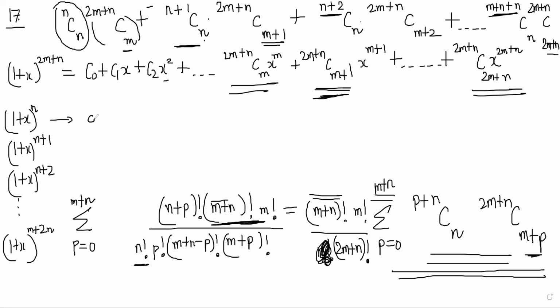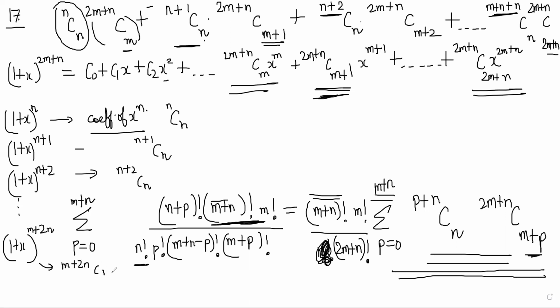In all these series, coefficient of x power n: here it is ncn, here it is n plus 1 cn, here it is n plus 2 cn, and here it is m plus 2n cn, right? And I'm multiplying coefficient of x power m plus 1, m plus 1 plus n. The powers are changing. That is the issue.